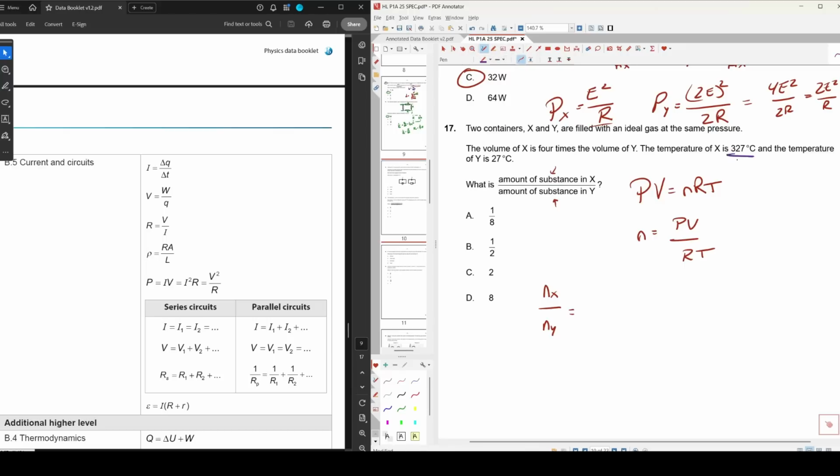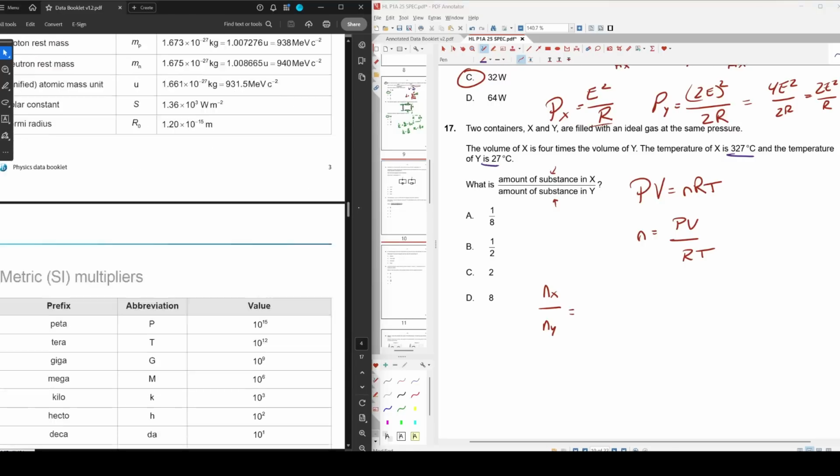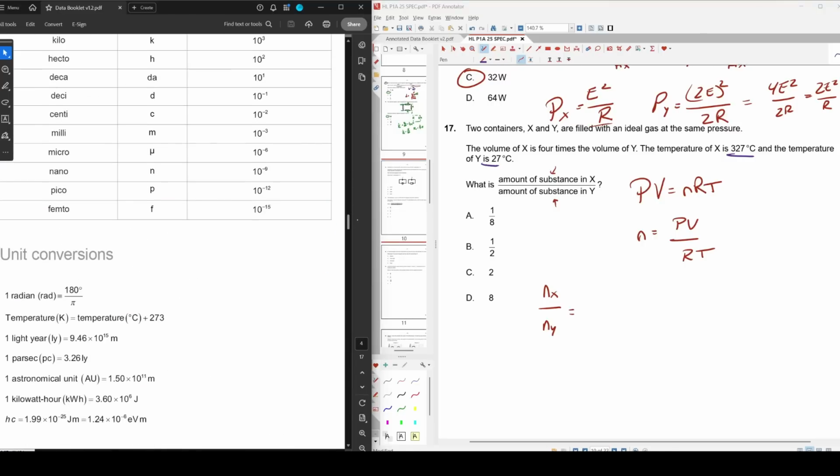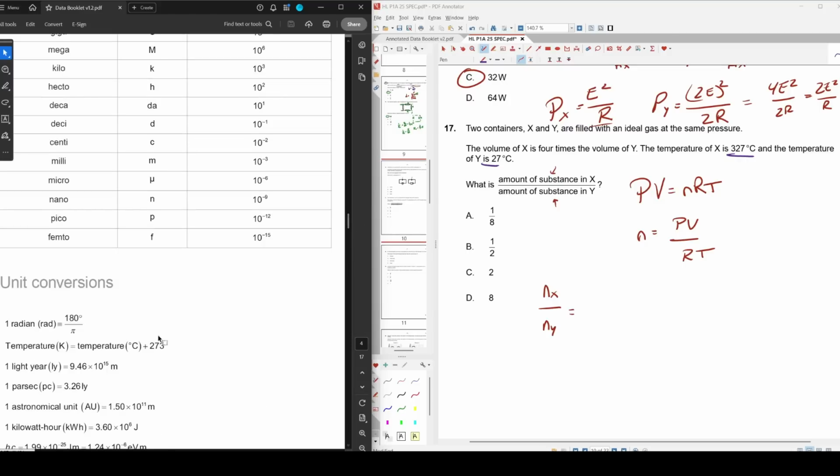Annoying. Celsius. I have to use Kelvin for PV equals nRT. Ratios won't work if I don't have the absolute zero reference. So I do have to do this thing. I add 273 to both of these, right? Which they at least gave me. Okay, they gave me the 273 so that I can do that. 273 plus 27 is 300, right?